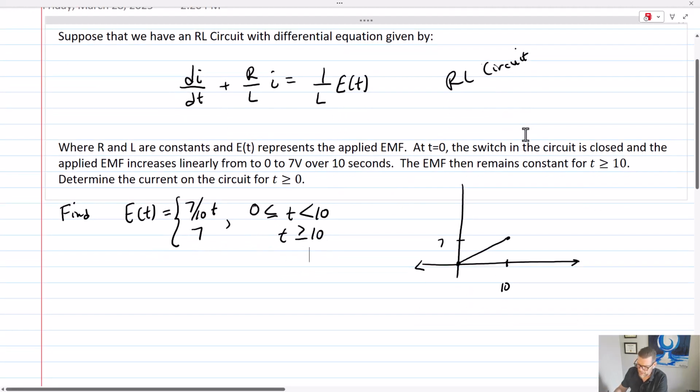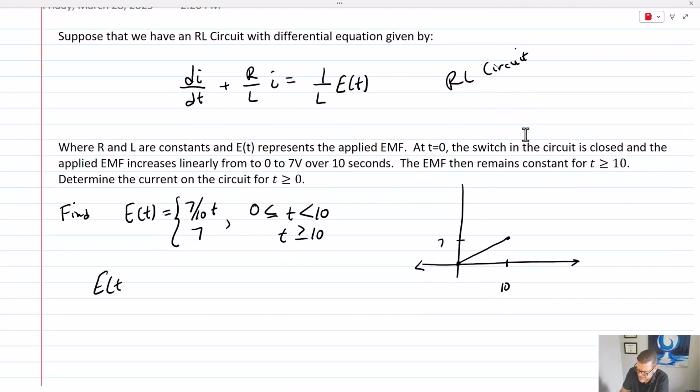Now I want to rewrite E of t using the first shifting theorem as a unit step function. From 0 to 10 we have 1 minus u10 of t times 7/10 t. That gives me that first interval, and then plus u10 of t times just 7.